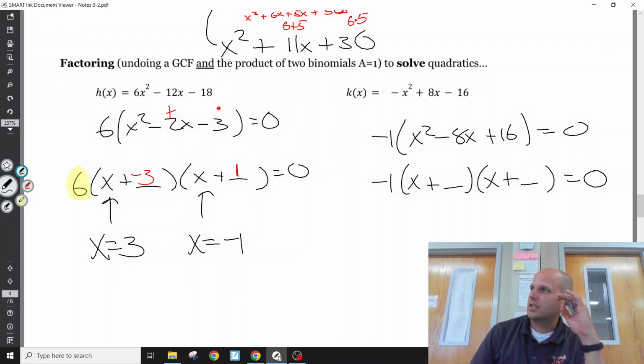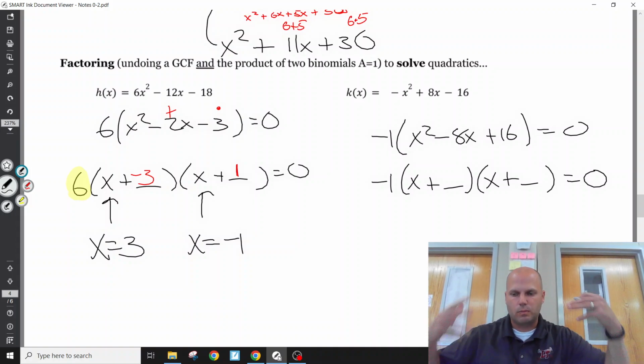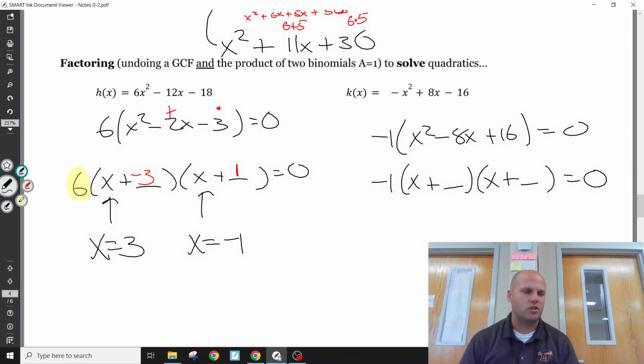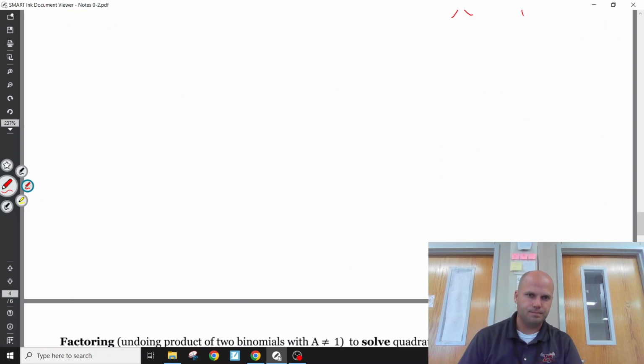You will get the right answer, but in the future, we are going to do more analysis of these functions and analysis of polynomials, and signs are very, very important. So we'd actually recommend don't divide out constants, just leave them on the outside. The two numbers that add to get -8 and multiply to get 16 are -4 and -4. Got that.